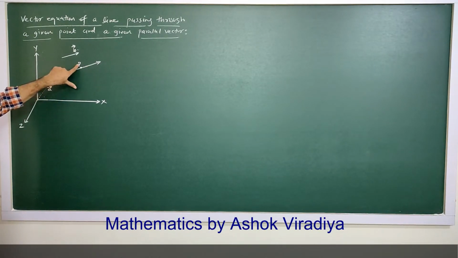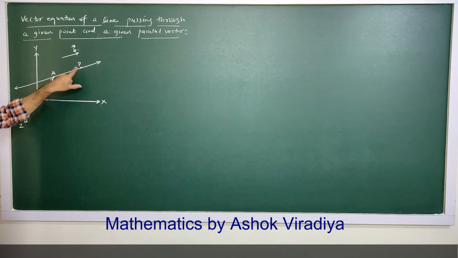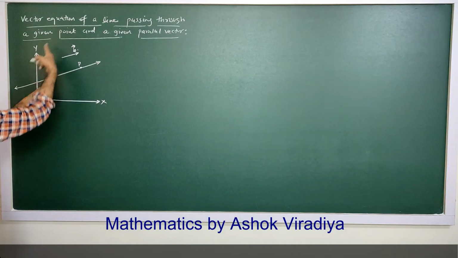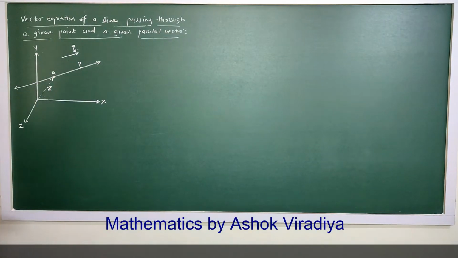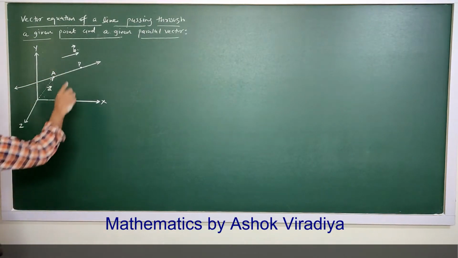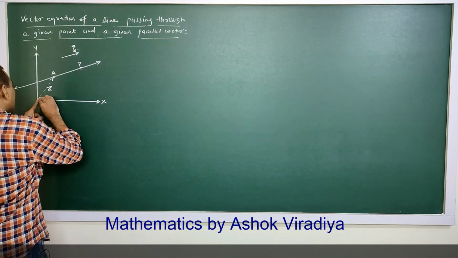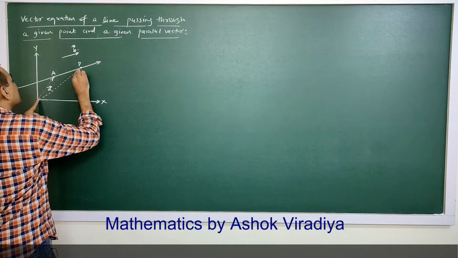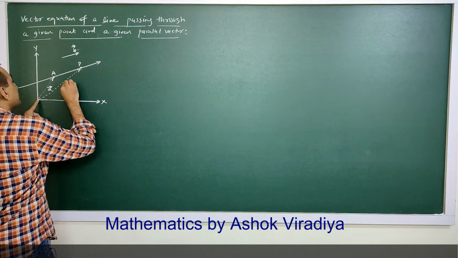So P is a moving or variable point. This is fixed, it is the given point whose position vector is vector A. This is the given vector parallel to that line, and P is the variable point. Suppose the position vector of this point is vector R.